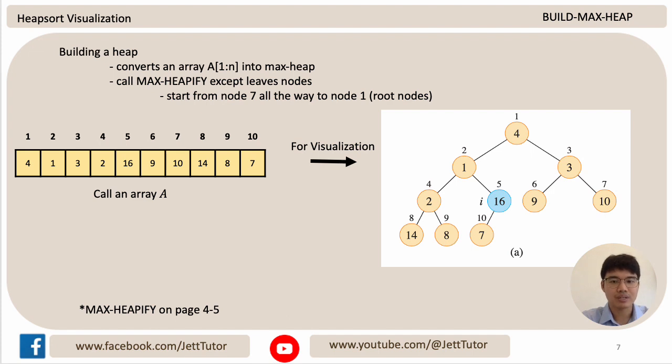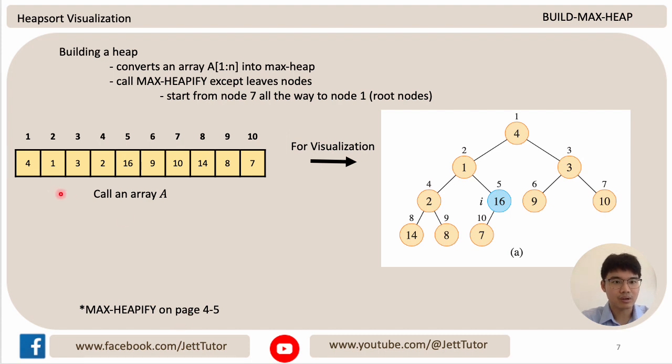First, we convert an array A into a max heap, and by doing that, we call max heapify on all the nodes except leaf nodes, starting from node 7 all the way to node 1, the root node. People who don't know what max heapify is, please consult pages 4 to 5 in this video.